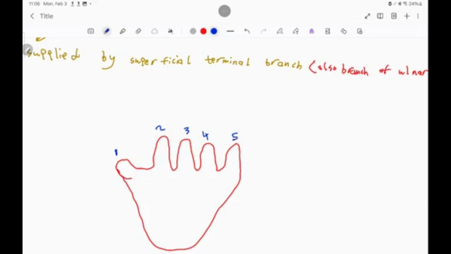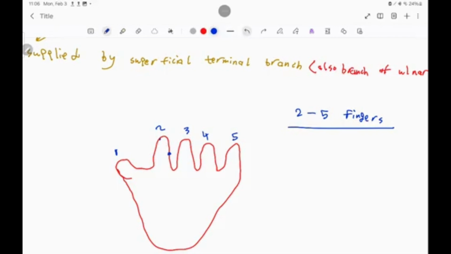Lumbricals are found on the lateral half of the second to fifth fingers. Here is the medial half, and here is the lateral half.